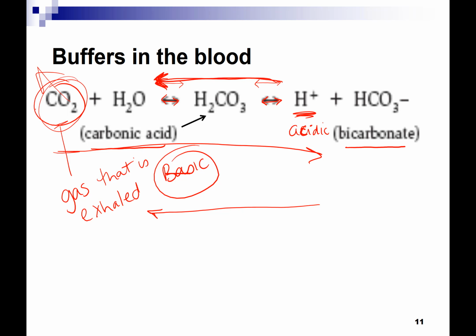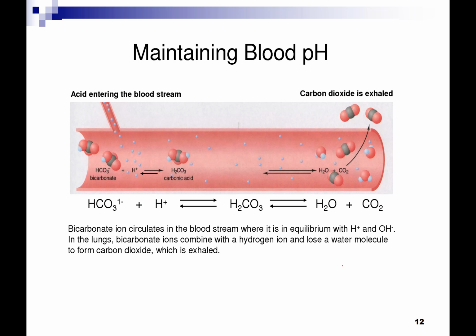So breathing is one way that we can control the pH in our blood. It's a very quick way. On this side, the extra acid is taken care of by the kidneys. And so you have a very important function of your kidneys to actually help buffer your blood so that everything works right.